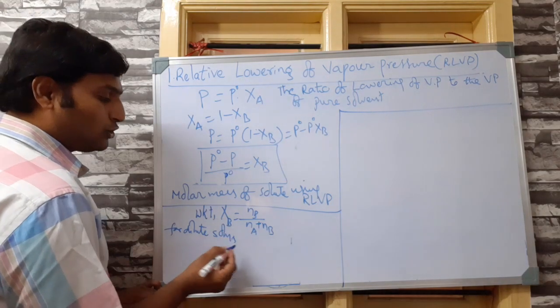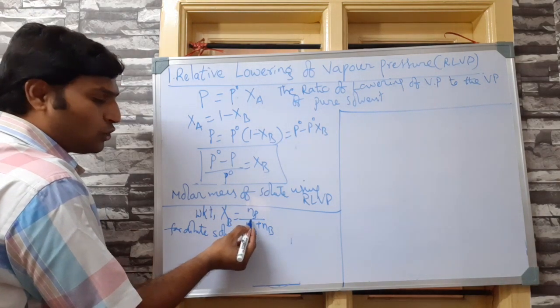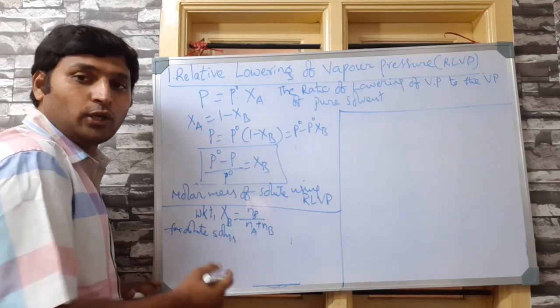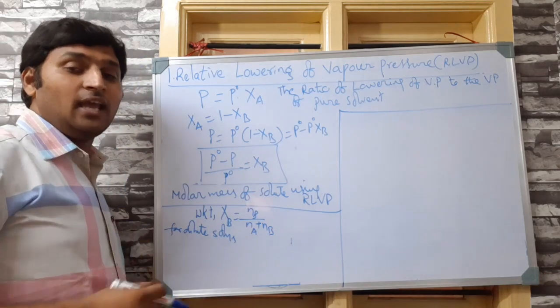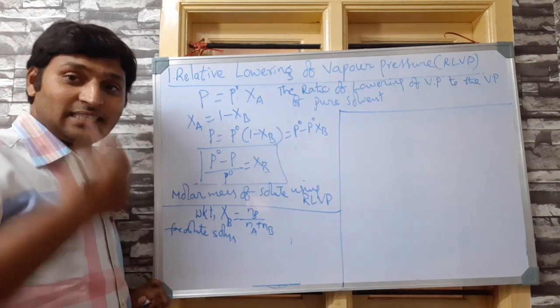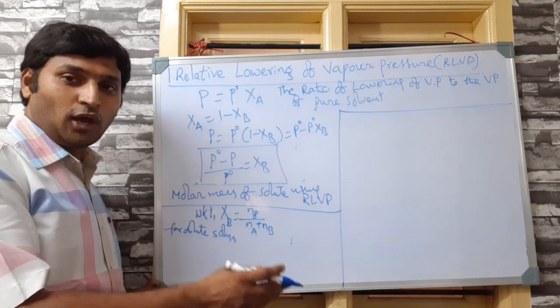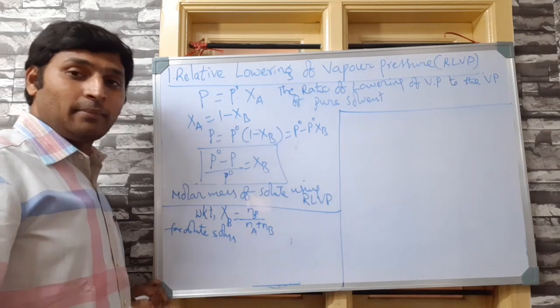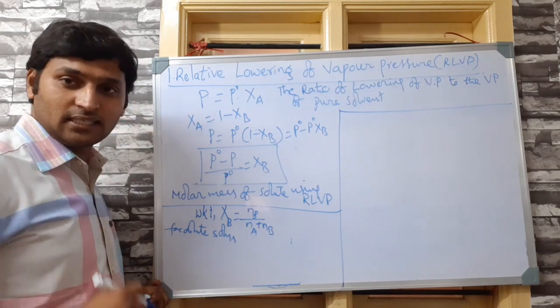Now, see here, for dilute solutions, this I have done many times already, and let me repeat that. For dilute solutions, the number of moles of solute will be very, very small as compared to the number of moles of solvent. Like say, if the number of moles of solute is 0.1, the number of moles of solvent could be 5 or 6. Number of moles of solute is 0.01, number of moles of solvent is 5 or 6.